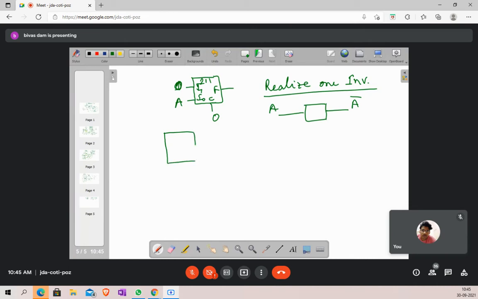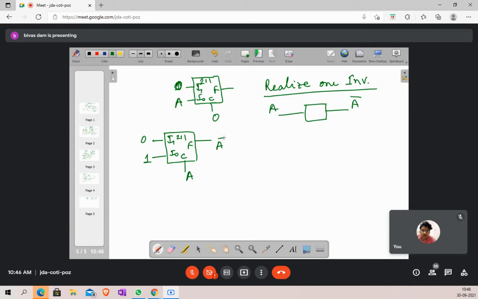So I0 will be connected to logic 1, I1 will be connected to logic 0 and the control input will be A. So what should the output be then? Sir, A bar.